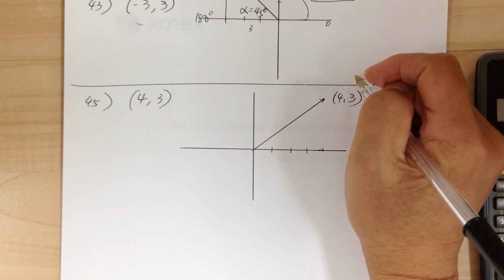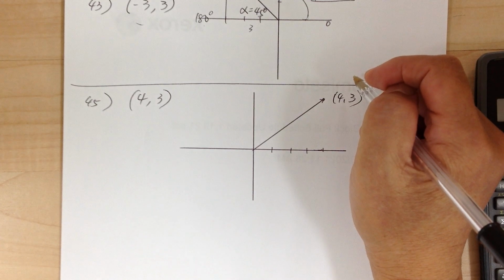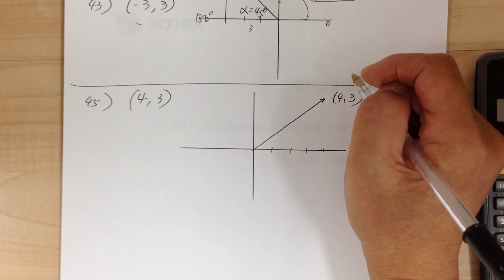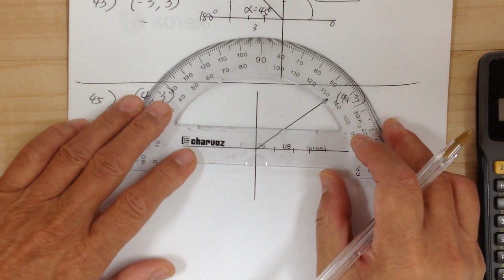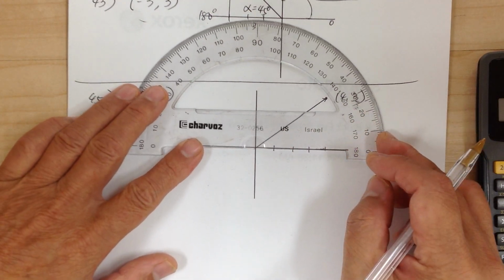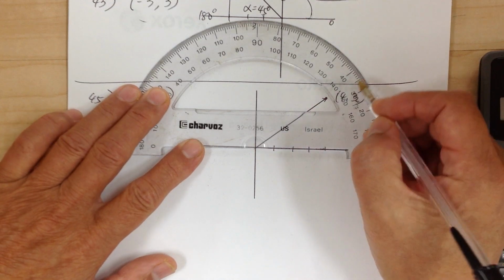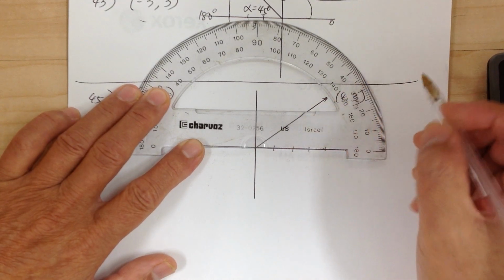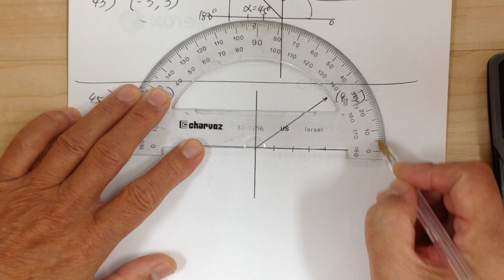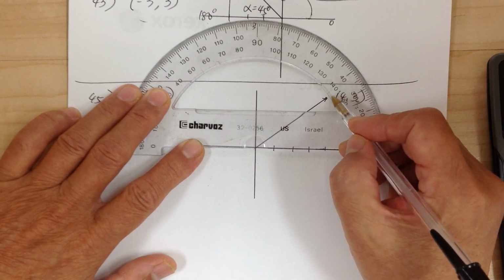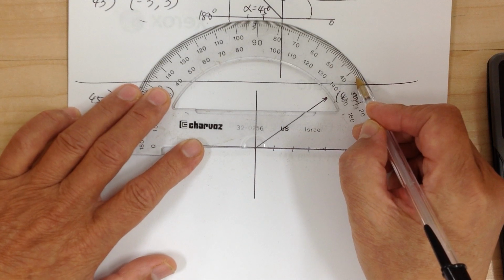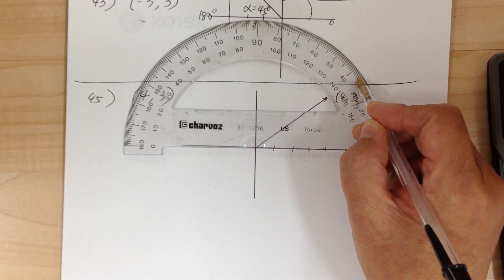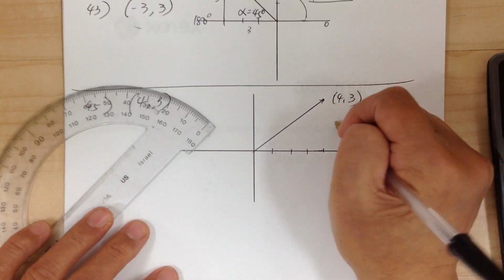It says draw an angle and use a protractor to find its measurement. If you have a protractor, you can use it. If not, don't worry about it. Just estimate the best you can. This one looks like it's going to be about 37 degrees. So it's about 37 degrees.